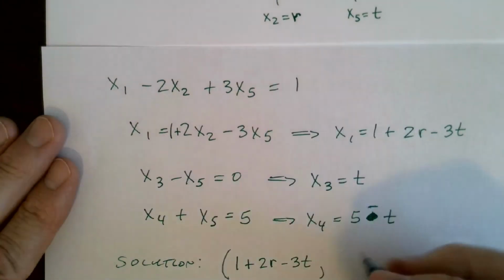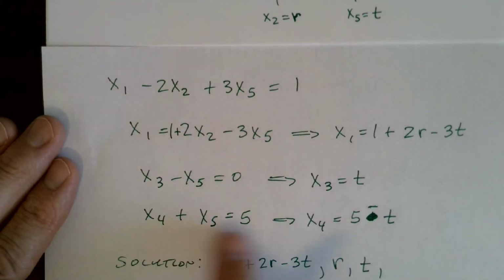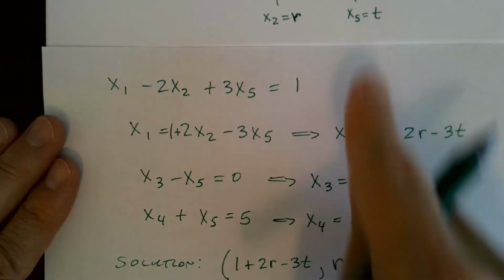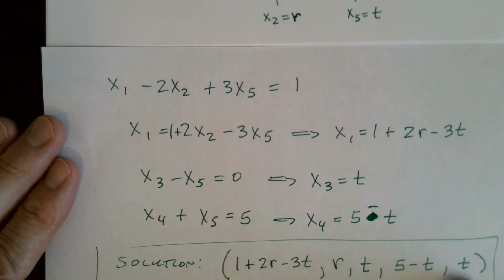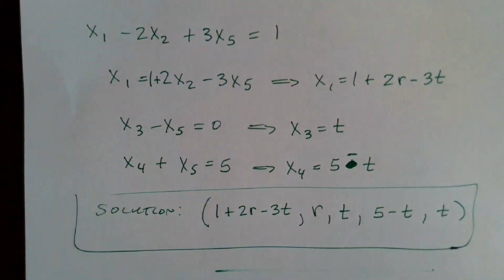R. X of 3, t. X of 4, 5 minus t. And x of 5, t. Right. So there's the solution in order. X of 1, x of 2, x of 3, x of 4, x of 5. There's the solution. Okay, that's how you should write the solution.